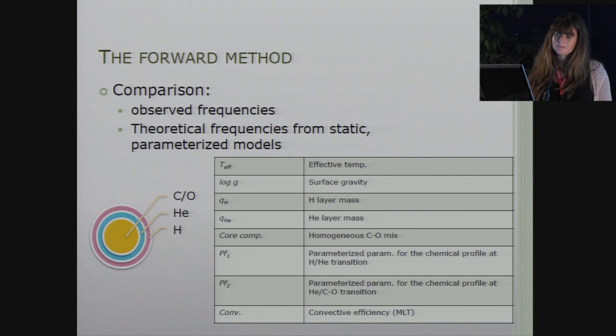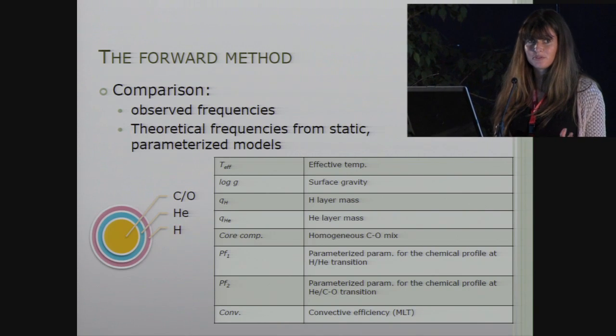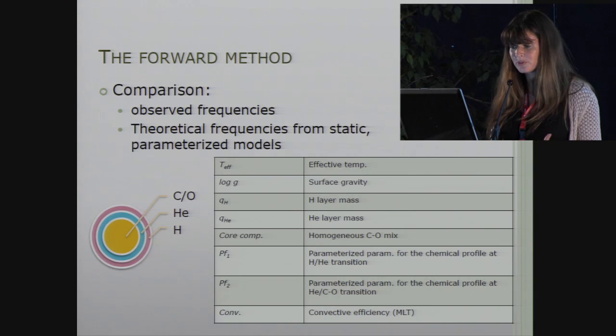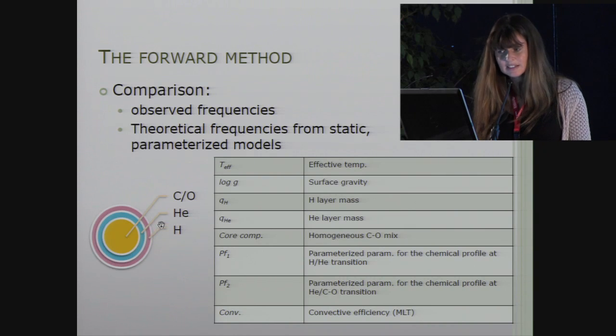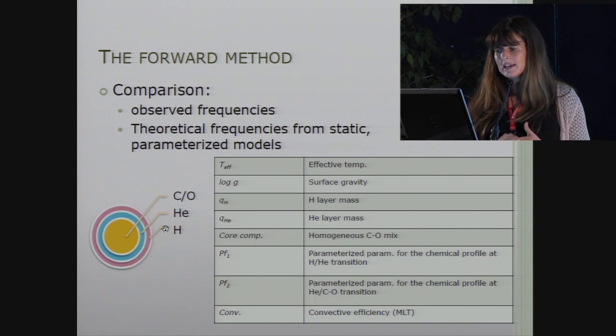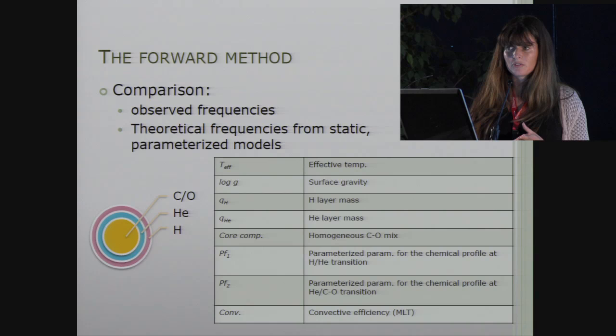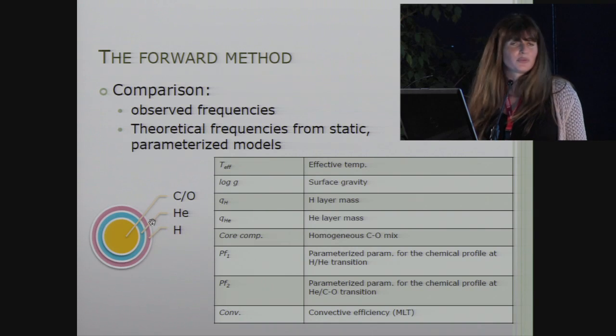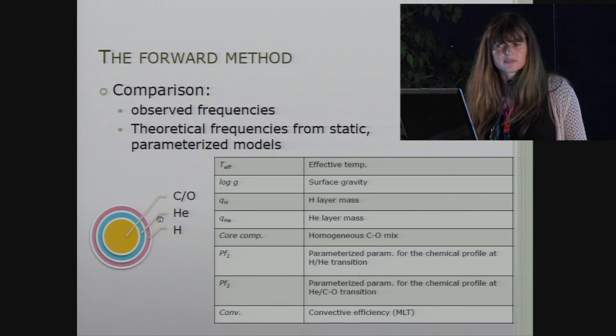So now the technique. We use the forward method. I'm from Montreal, so I don't know if you guys are familiar with what we do, but we do forward modeling. Basically, it's a comparison between the observed frequencies and theoretical frequencies from static parameterized models. Here, a brief recap of what a white dwarf looks like.